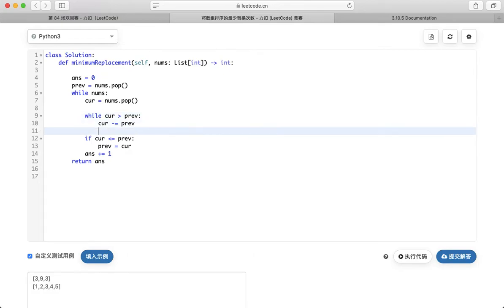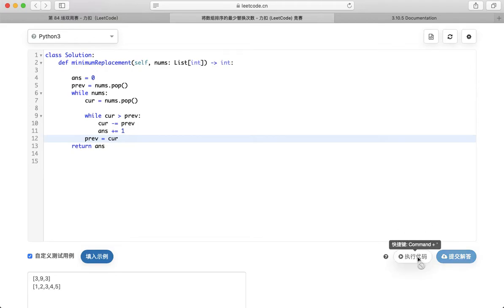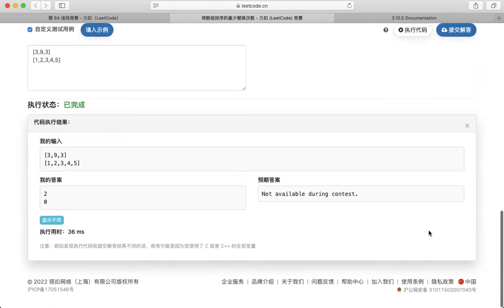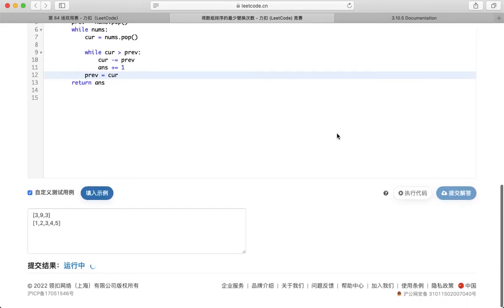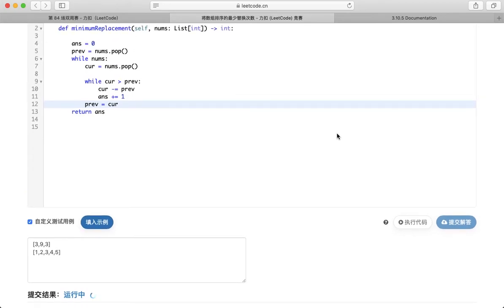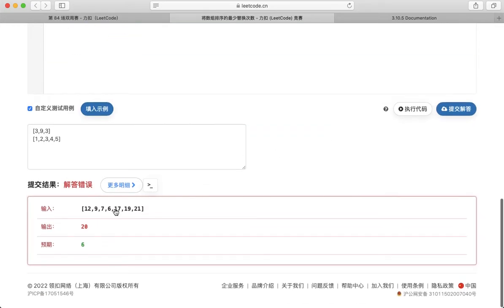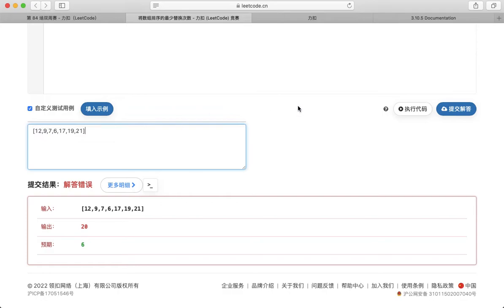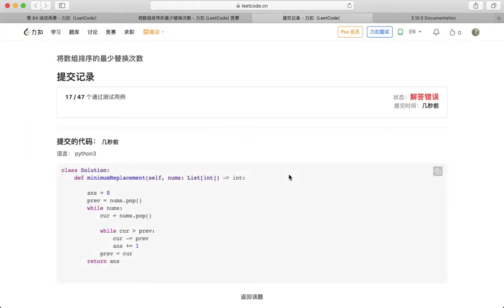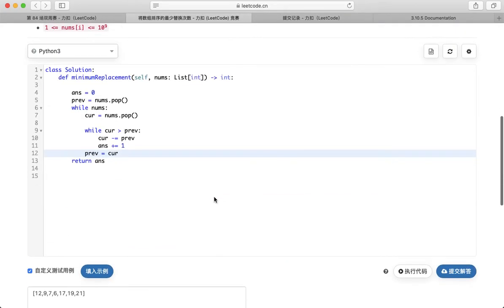File. Zero. Seriously? Mm-hmm. So it's not that simple.